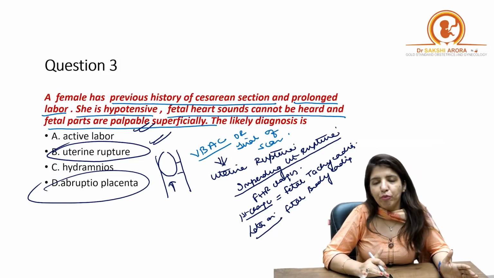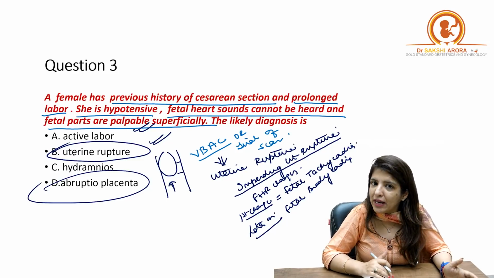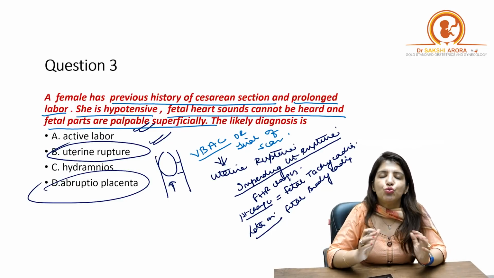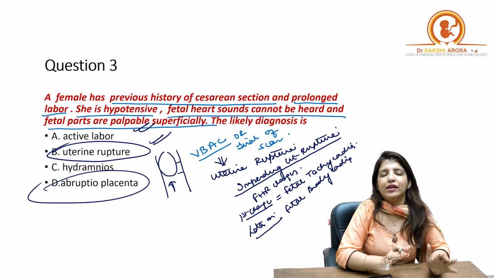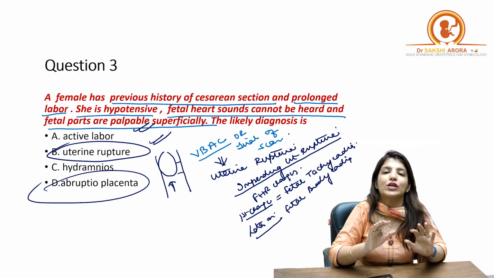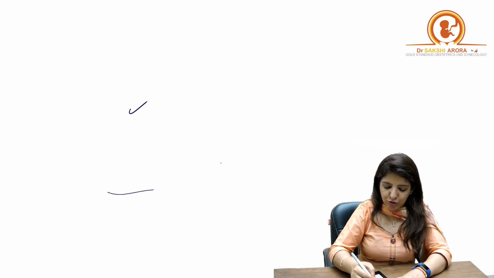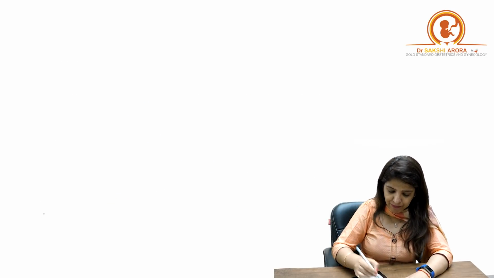The other very important distinguishing features between abruptio and uterine rupture, which you have to remember, are: in uterine rupture also tenderness is present, but in uterine rupture it's a generalized tenderness. So please write these two things.